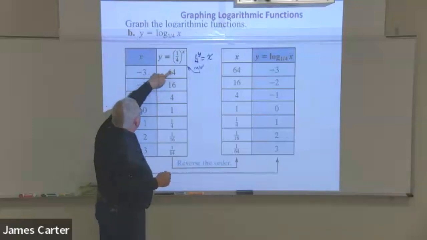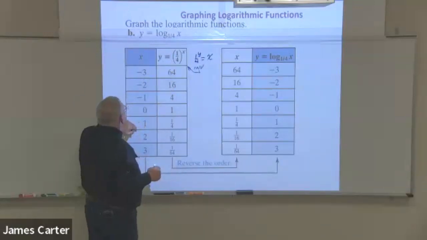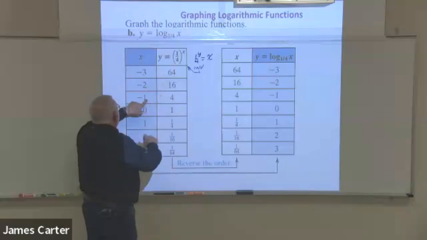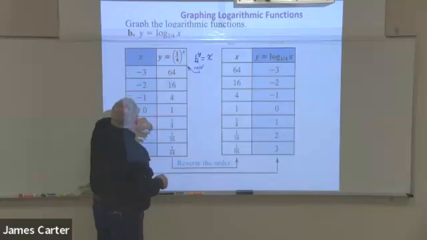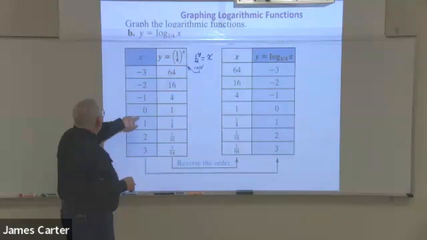Then it would flip and we would get 4 to the second, or 4 to the negative second, or positive second would be 16. In this case, we replace -1 over there, so that flips this to be 4 over 1. And so I get 4.